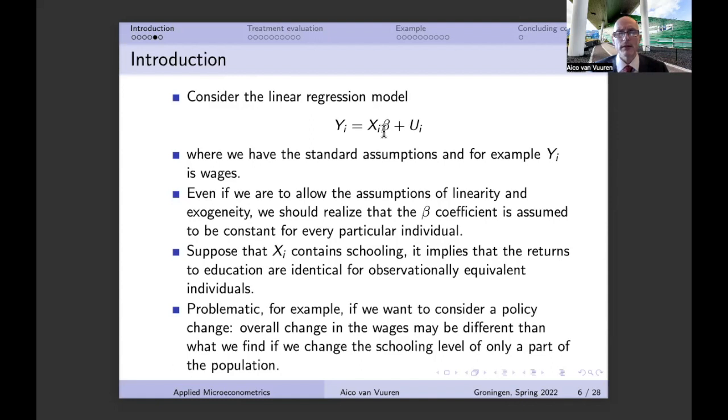It may be possible that they have particular kinds of talents that make it so that, at the moment that they have a university degree, their wages are going to be increasing more than for other individuals that do not have those kinds of talents. So therefore you should realize that this assumption that we actually make over here may not be correct. It may not be the case that all the individuals have exactly the same returns to education.